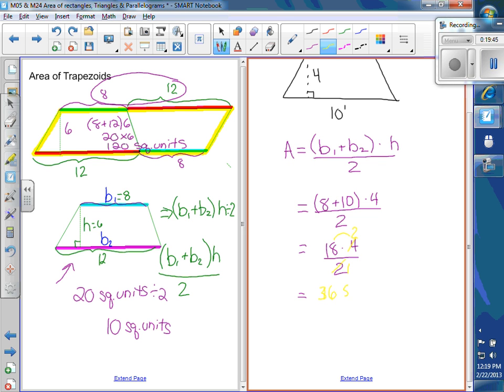And we have square feet. The other way you could go, for the 6th graders, for the kids that are a little less comfortable with fractions, you can multiply 18 times 4, which is 72, and then divide your answer by 2. And you are still going to get 36 square feet.